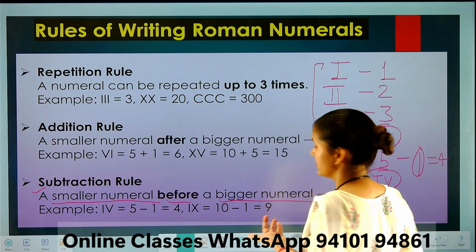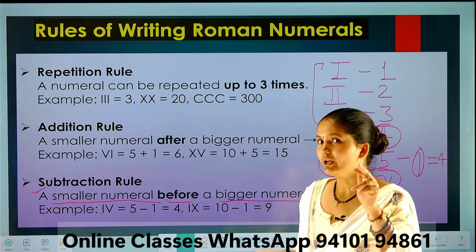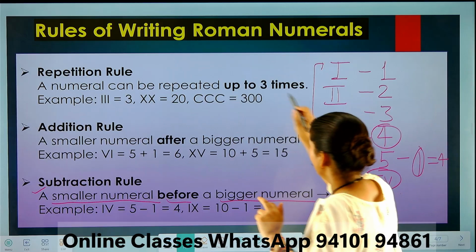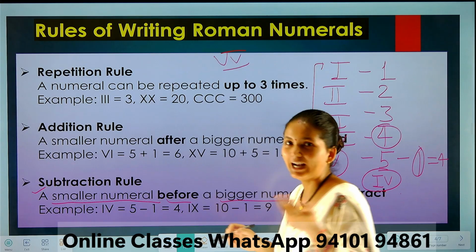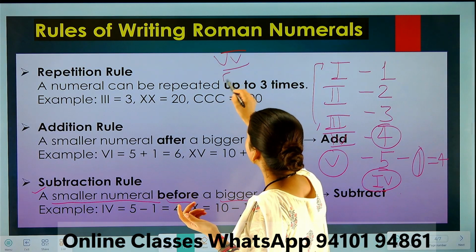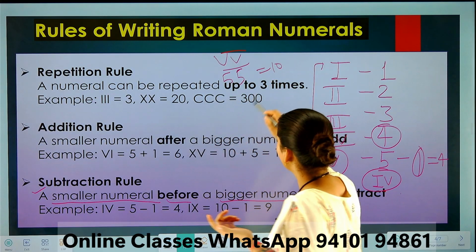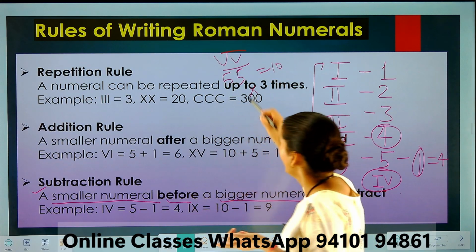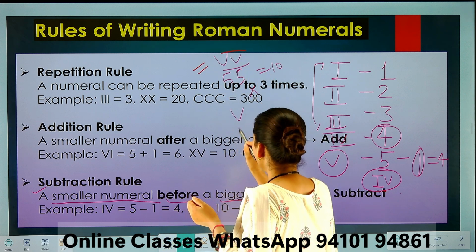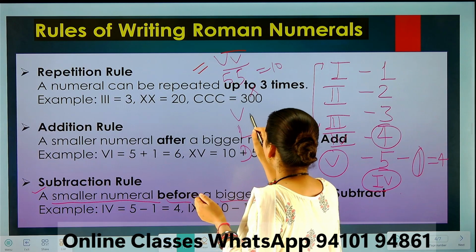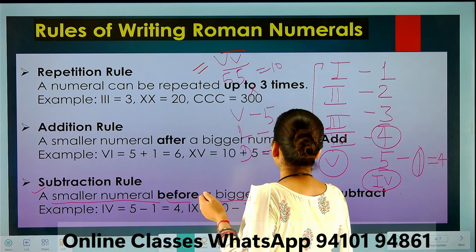Now it's the turn of 6. How will we write 6? You know that 5 is V. Now you may say we will write VV. No. If we write VV, this is 5 and this is 5, 5 plus 5 is 10, but 10 is already given as X. And this is the exception: we can't use the repetition rule for V, L and D. V for 5, L for 50, D for 500.